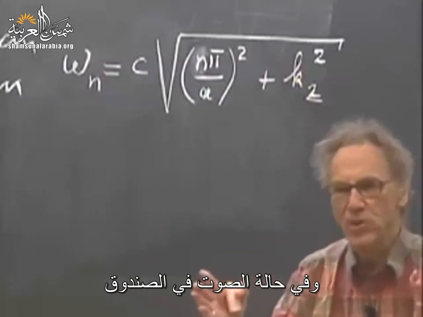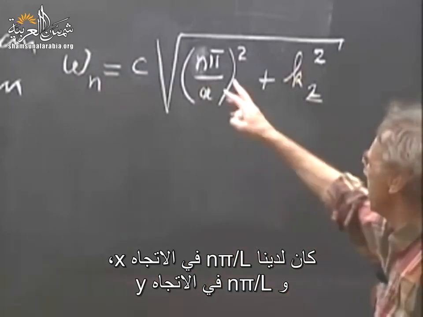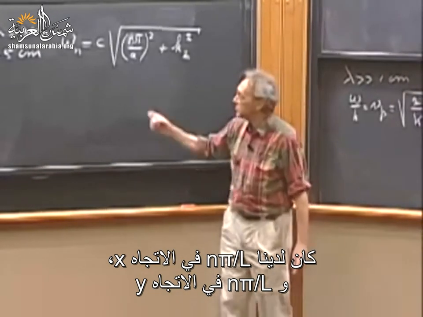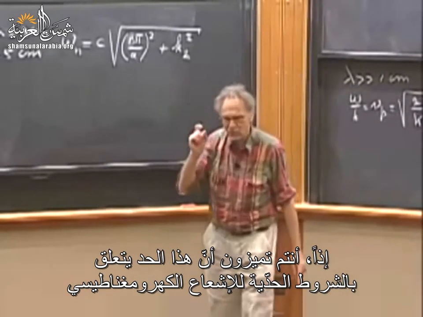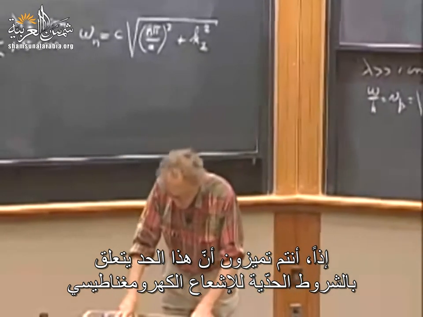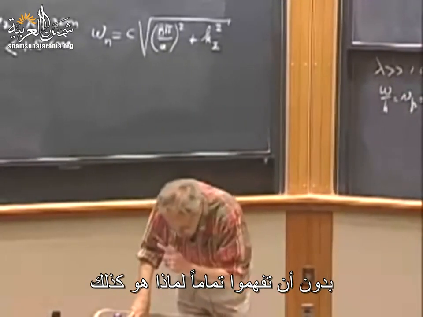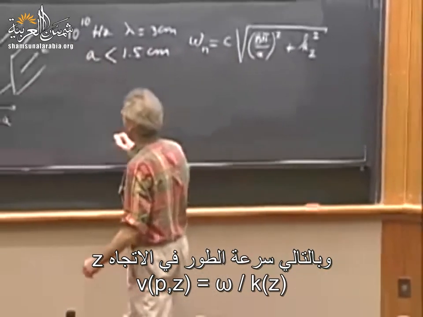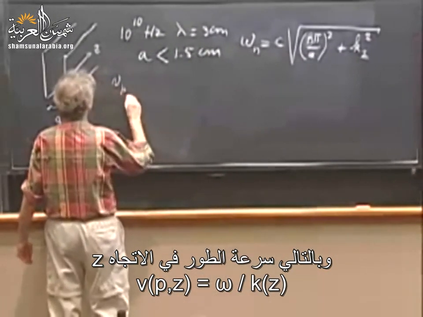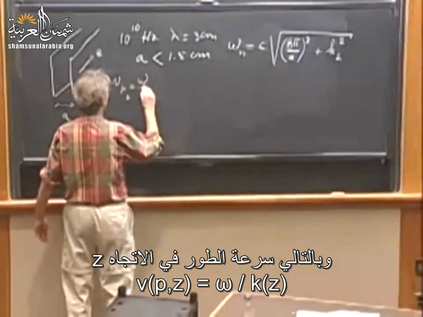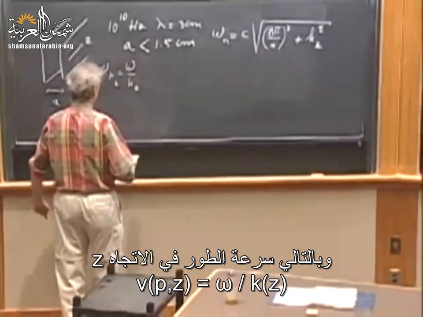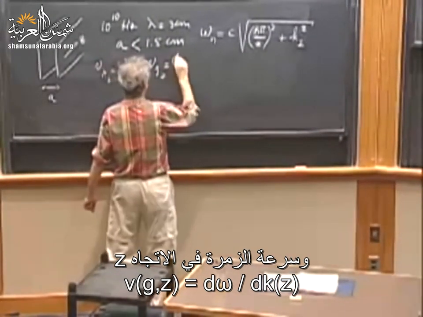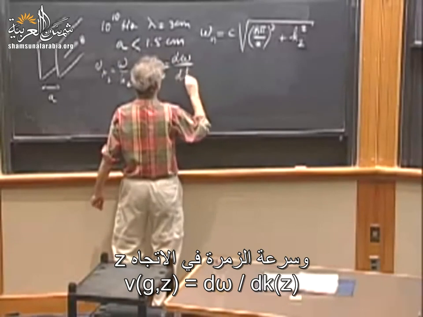Remember when we had a string that was fixed at both ends? We got terms like this. Remember when we had sound in a box? We had n pi divided by L in the x direction, m pi divided by L in the y direction. So you recognize here that it has to do with the boundary condition of the electromagnetic radiation without exactly understanding why it is the way it is. And so the phase velocity, v phase, in the z direction is omega divided by k_z, and the group velocity in the z direction is d omega d k_z.